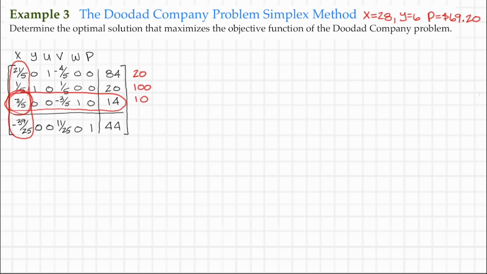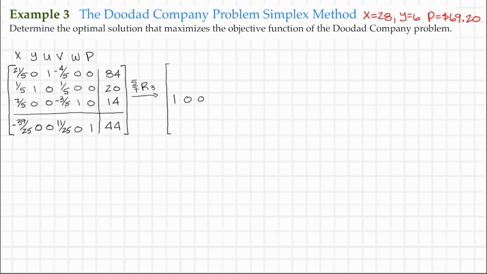So we're going to change this value into a 1 and then change the rest of this column into a unit column. So we'll do that. We'll take 5/7 of row 3. Put in our bracket. 7/5 times 5/7, that's 1. 0 times 5/7, that's 0. 0, 5/7, 0.